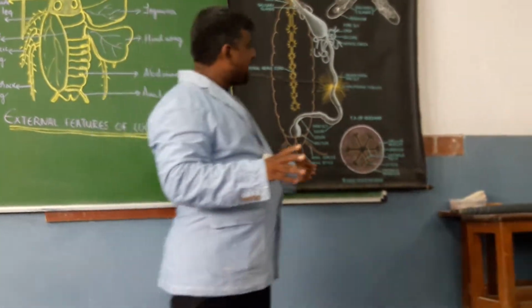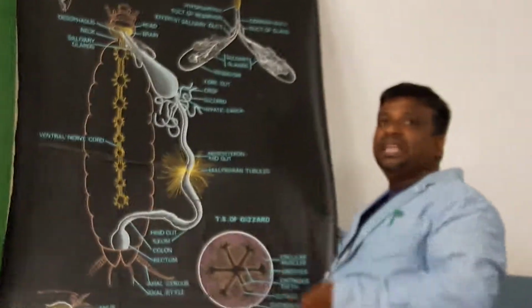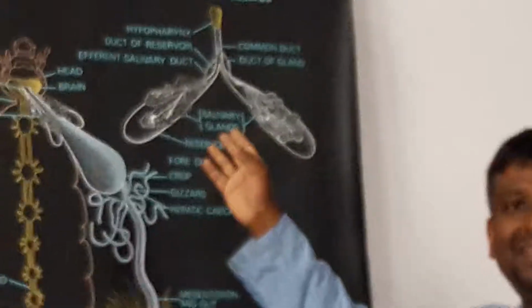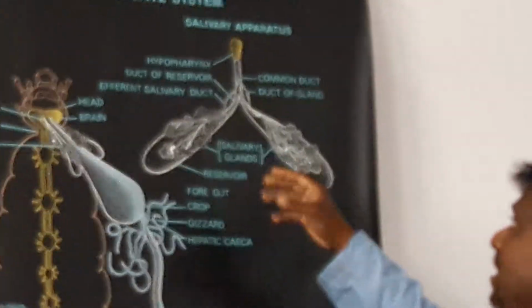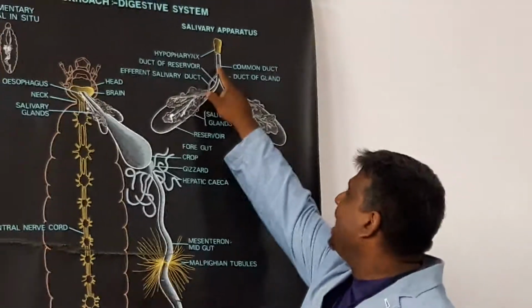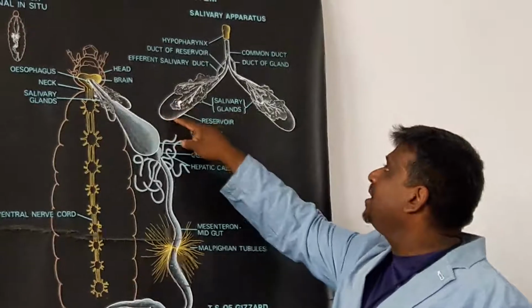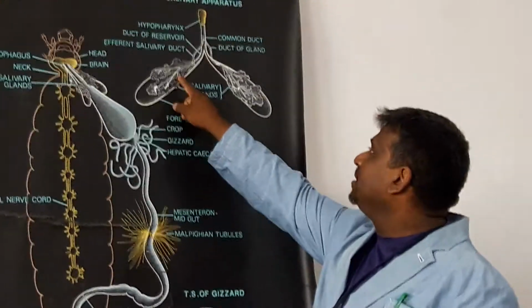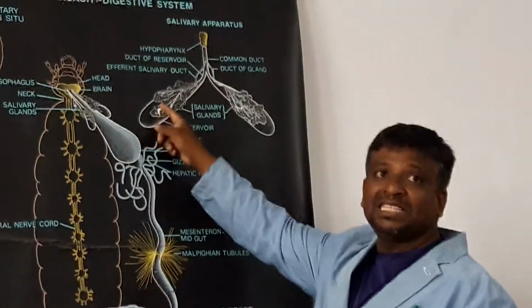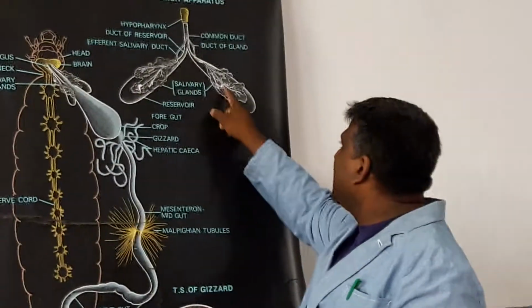Then if you look into the salivary apparatus of the cockroach, the hypopharynx opens into the tongue. Saliva is secreted in the oral cavity where the tongue, the hypopharynx, is located. They have a common duct which branches to form two, and they lead into the reservoir. The salivary glands are above that, and the saliva is stored in the reservoir.